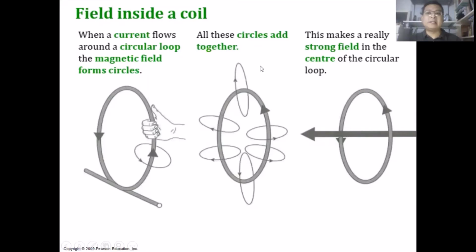This makes a really strong field in the center of the circular loop. So if we flow current inside the circle, the magnetic field will be carried inside the coil.